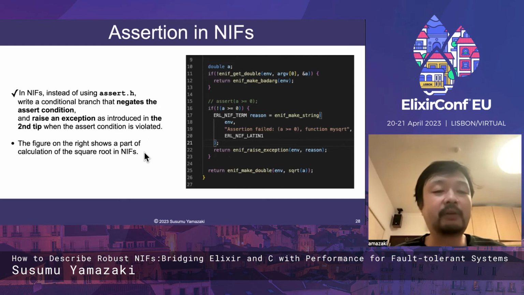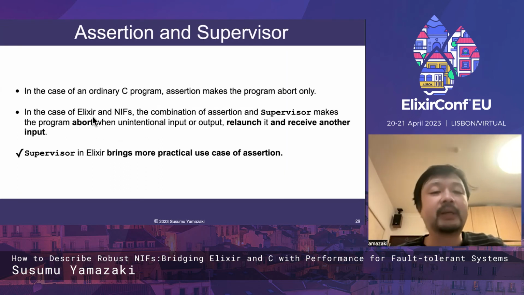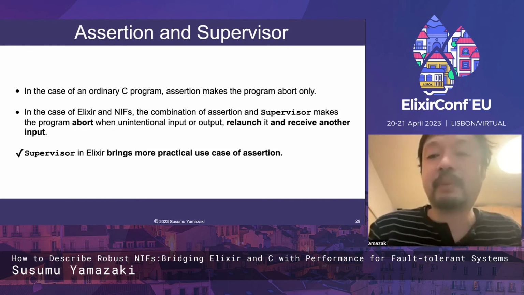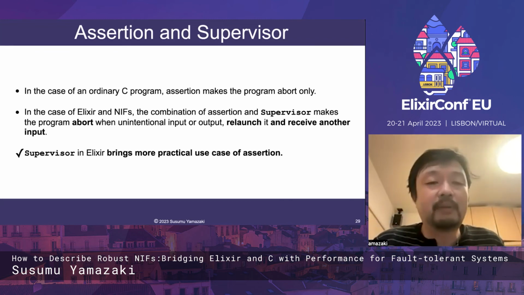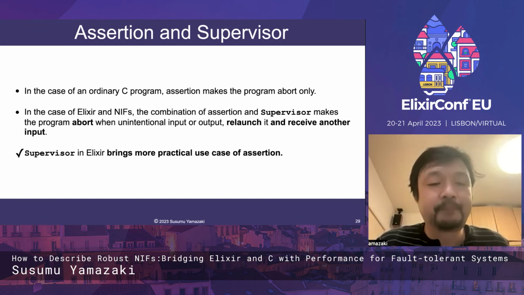The figure on the right shows a part of the calculation of the square root in NIFs. In the case of an ordinary C program, an assertion makes the program abort only. In the case of Elixir and NIFs, the combination of assertion and supervisors makes the program abort when getting unintentional input or output, relaunch it, and receive another input.